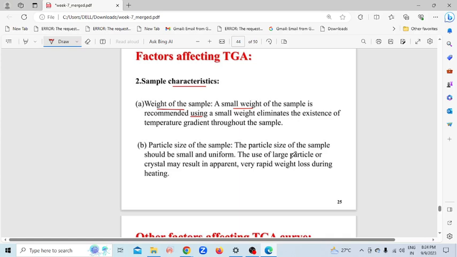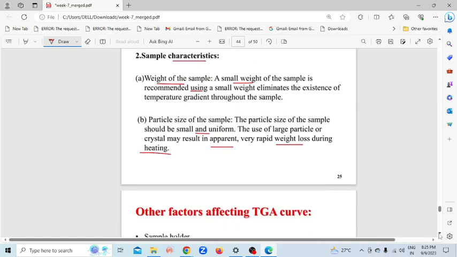Then particle size. The particle size of the sample should be small and uniform. The use of large particle crystals may result in apparent very rapid weight loss during heating. So if the particles are very large, rapid weight loss will occur. Why is it so? Because of the removal of gases which are captured by your big sample. I have already explained this also.